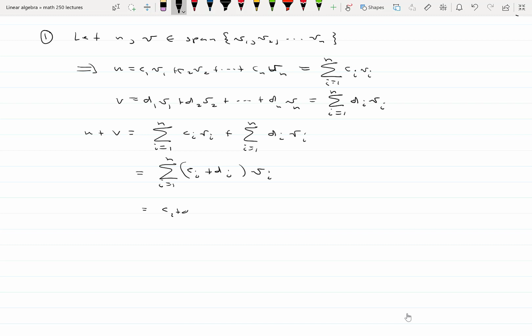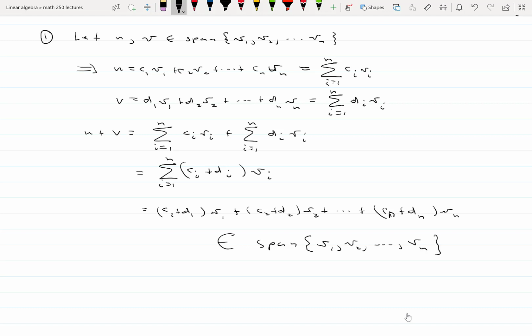This is just c1 plus d1 times v1, plus c2 plus d2 times v2, plus dot dot dot, all the way up to cn plus dn times vn. That is just an element of the span of the vectors v1 to vn.